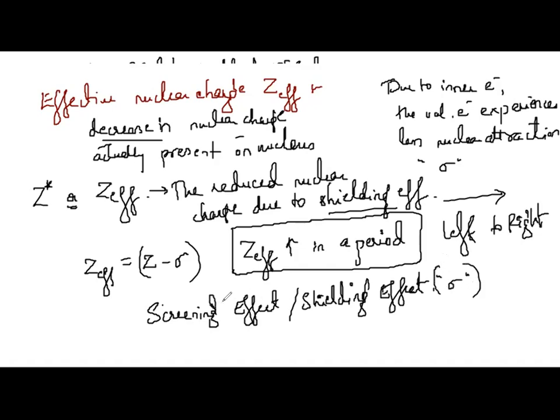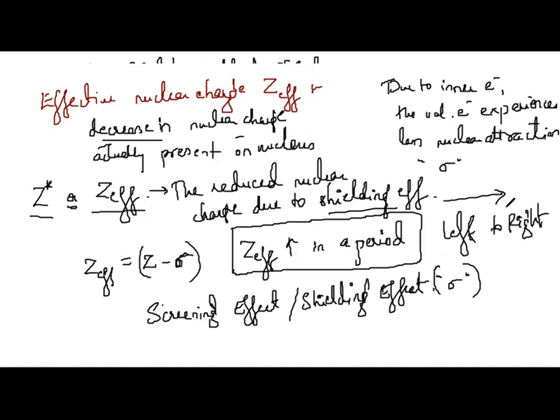Because of the screening effect, there is a decrease in the nuclear charge actually present on the nucleus. The reduced nuclear charge due to shielding or screening effect is called effective nuclear charge, denoted as Z asterisk or Z effective, and that is equal to Z minus the screening constant.